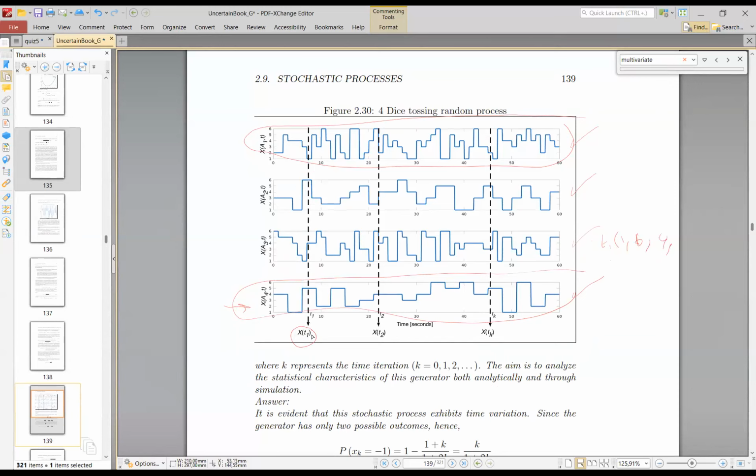And at the fourth one, I have 5. So this is the outcome at time T1. So this is X at time T1. X at time T2 will have different outcomes, and so on. So at each time, if you specify the time, you will have a random variable, containing 4 independent dice, as you can see here.